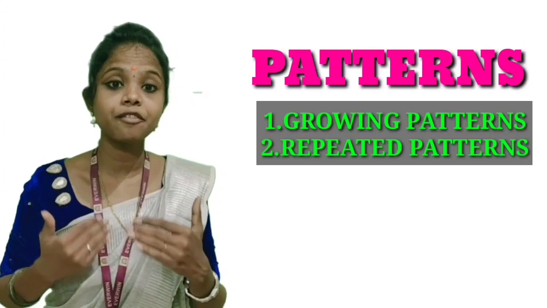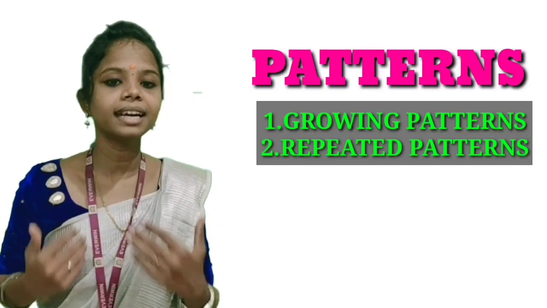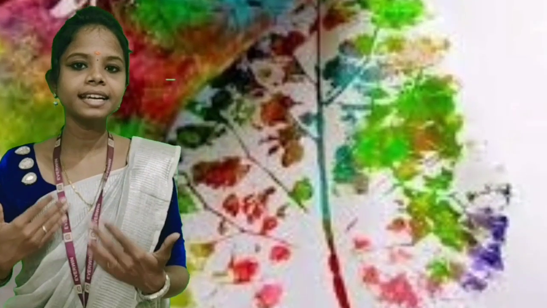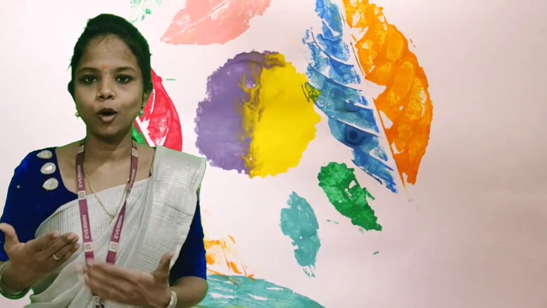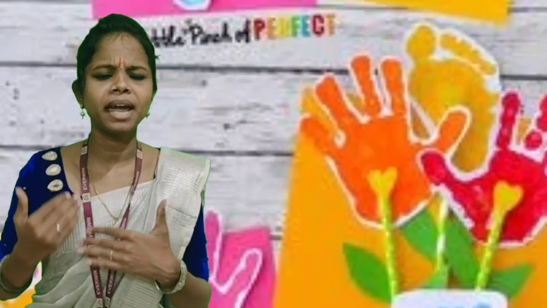A pattern that increases every sequence. So the sequence changes every time it repeats. Okay, you can create a pattern with fallen leaves or dry leaves or hands, toes, footprints, and then bangles, matchsticks. So you can make many patterns with those.